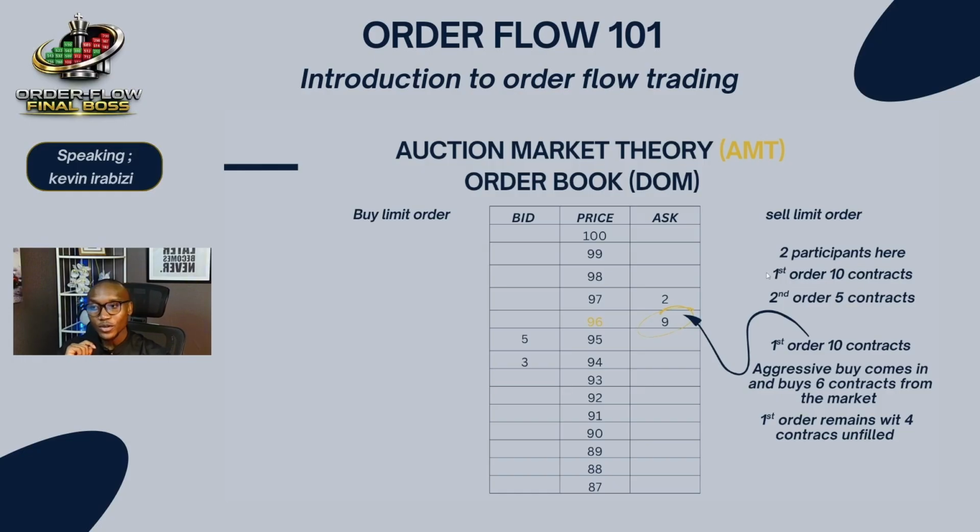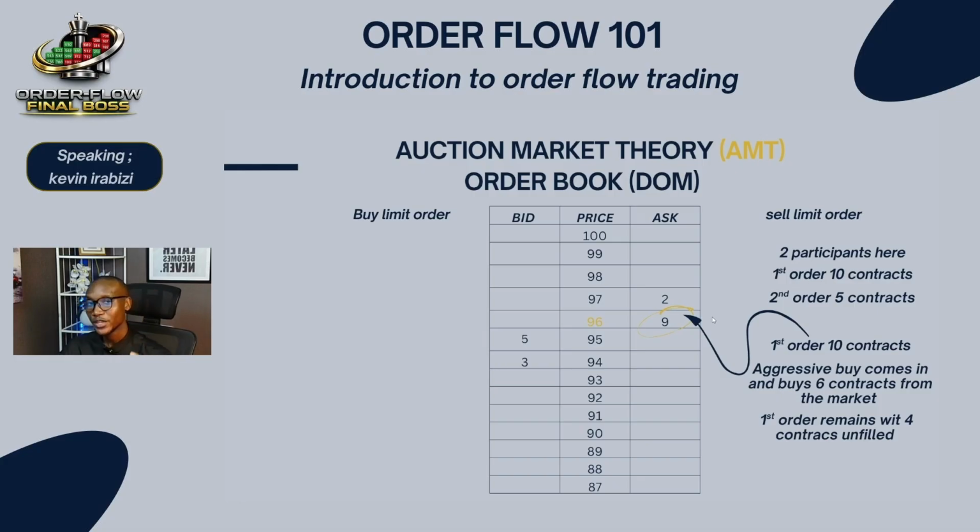So if our first order had 10 contracts, these 10 contracts have to first get filled for the 5 contracts to also get filled. As much as we had 6 contracts come in, they could not get filled to the 5 contracts. No, because we had 10 contracts come in as the first order before the 5. So the 10 contracts get filled and only 6 of them get filled, which leaves us with 4 contracts remaining to be filled from the limit orders that we had here.